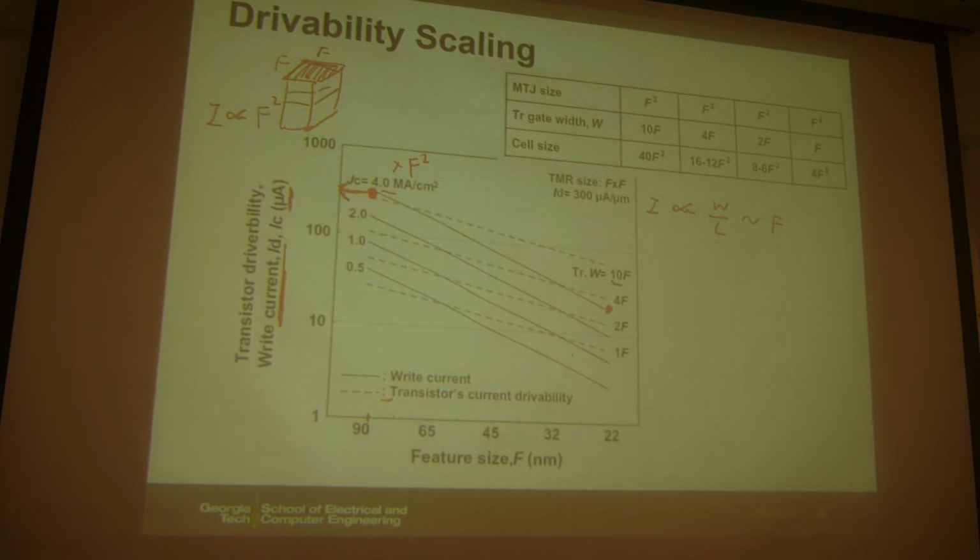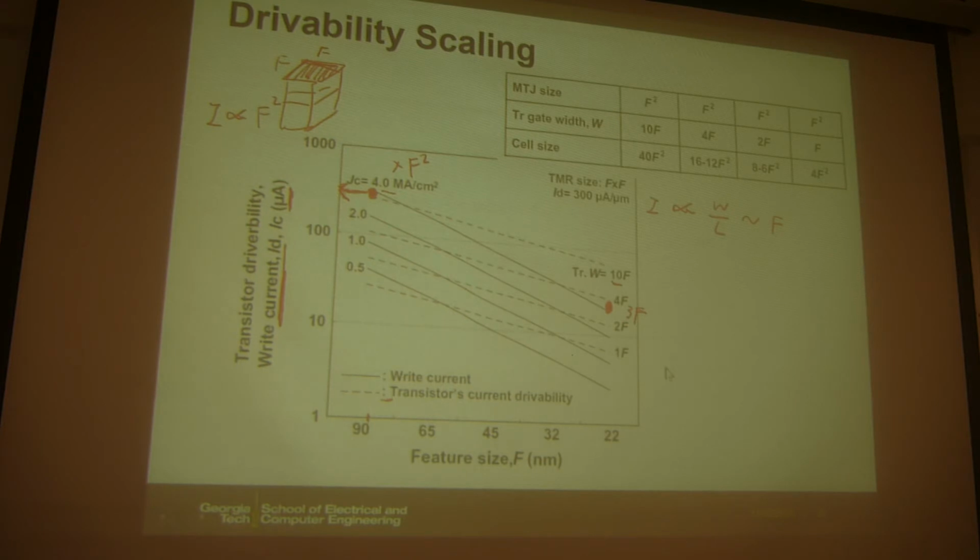But by simply scaling the technology node to 22 nanometer, you probably need just 3F to drive this MTJ. But of course, this 3F in the width will not give you 6F square, right? Still the cell size may be like 16 to 20 F square. But by scaling, this will help.